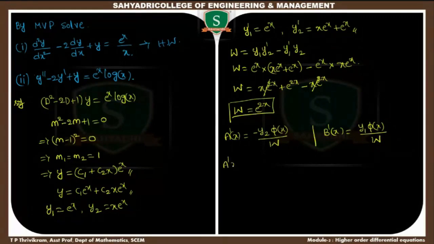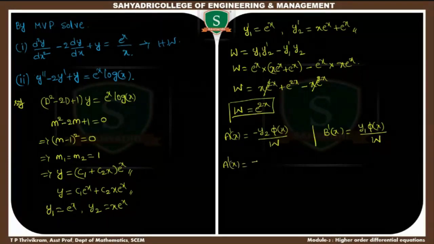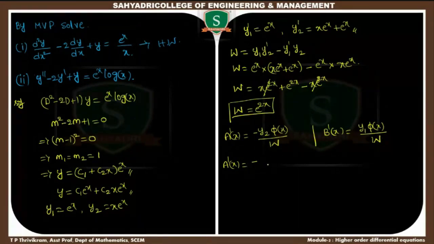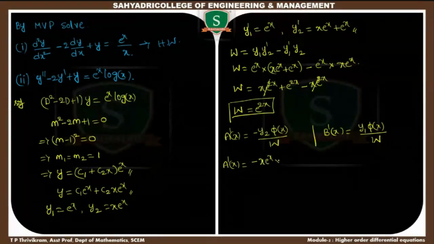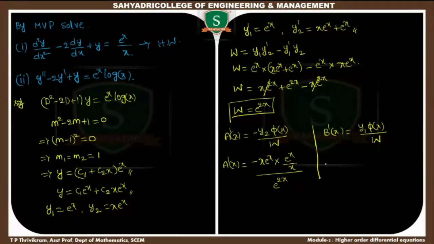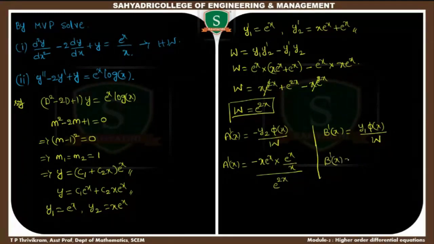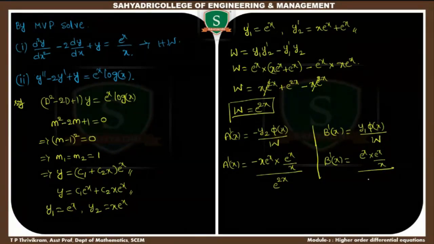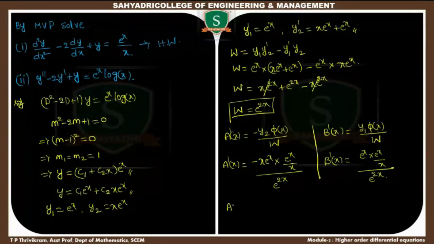So a dash of x is equal to minus y2, y2 is x e power x into e power x by x divided by Wronskian e power 2x. b dash of x is equal to y1, e power x, into e power x by x, divided by e power 2x. Sorry, this is for the first one, right?